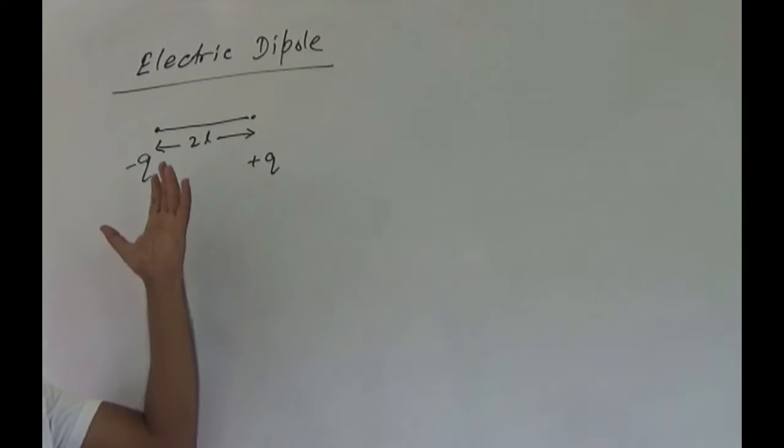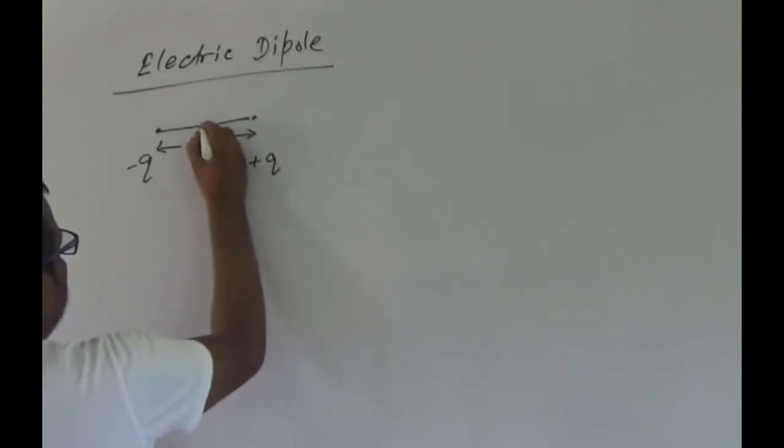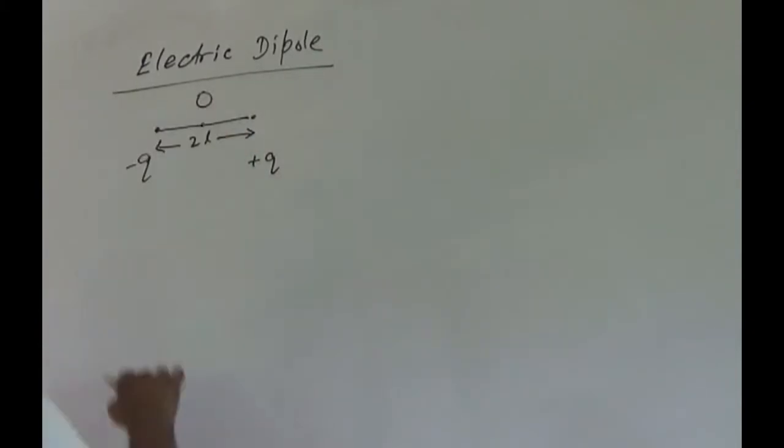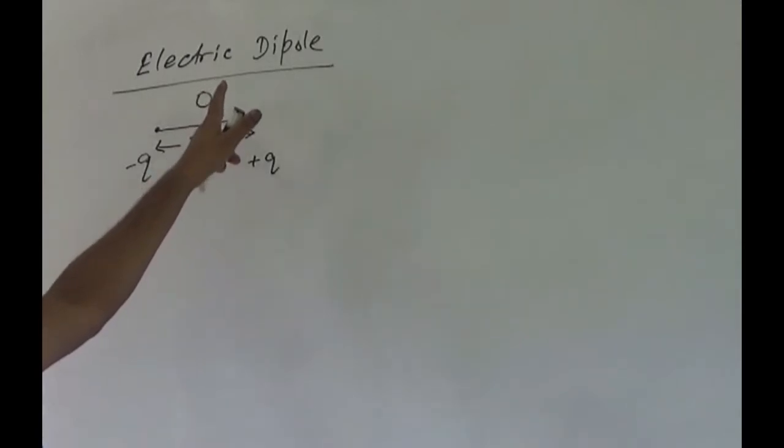The line joining these two charges is called the axis of the dipole, and let us take this as the midpoint. The midpoint of the line joining the two charges is called the center of the dipole.